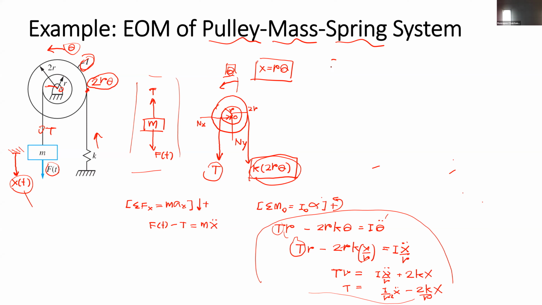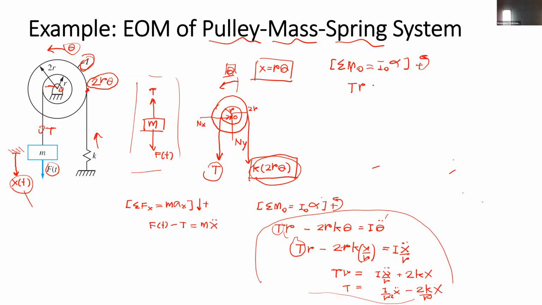I'm sorry. The summation of moments about point O is equal to I_O alpha. Counterclockwise is positive, and the tension in the cable multiplied by the radius is in the counterclockwise direction, so it's positive.